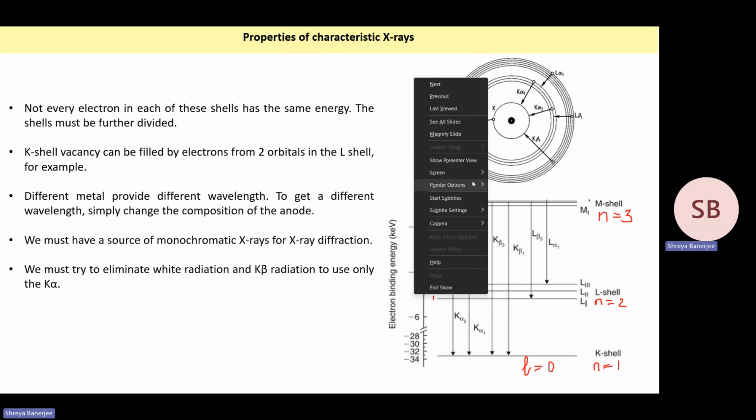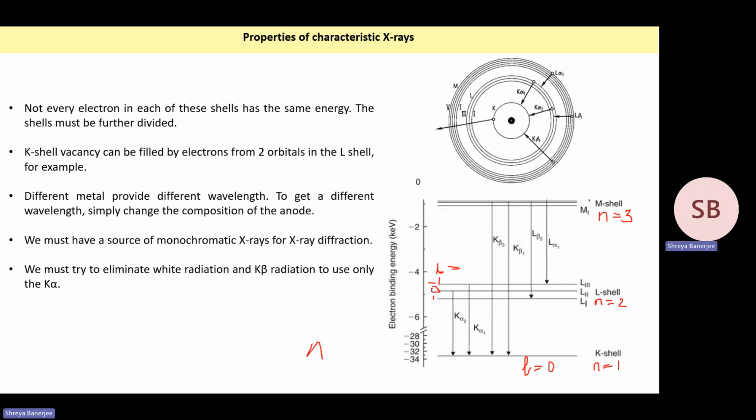Now there is something called a selection rule, which says that delta l, the change in the azimuthal quantum number, is plus minus 1.